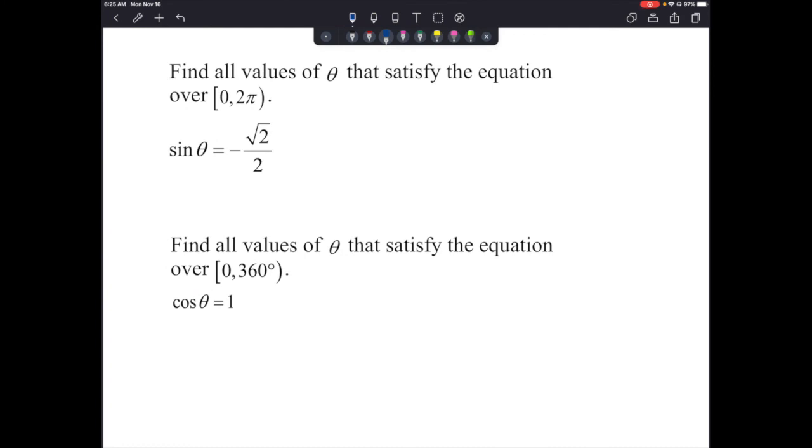These ones say find all values of theta that satisfy the equation over the interval from 0 to 2 pi. So remember, we're going to include 0 here, but we are not including 2 pi in our answer.